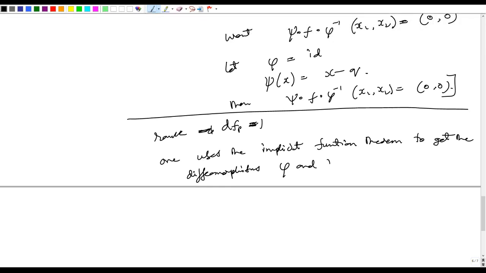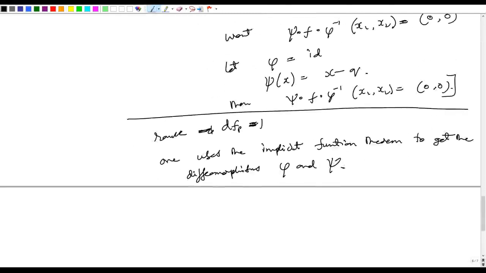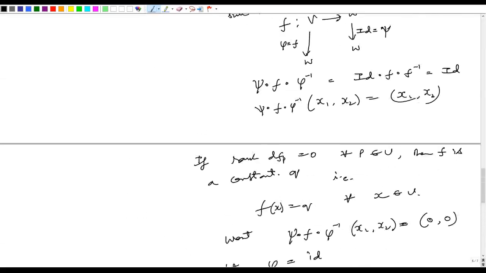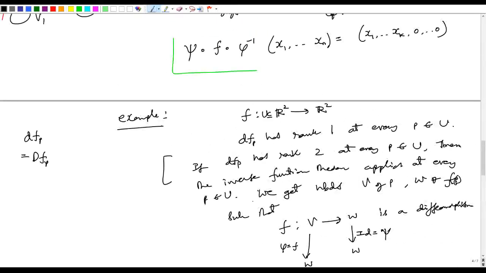However, since I'm running short of time, I don't have much time to go into this, but what I suggest is you look at the proof in Lee, but don't study the proof in complete generality. Rather, just take low values of dimensions. I mean, what I did here is good enough.